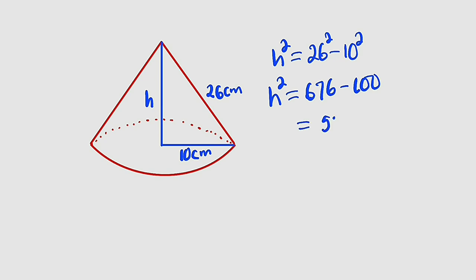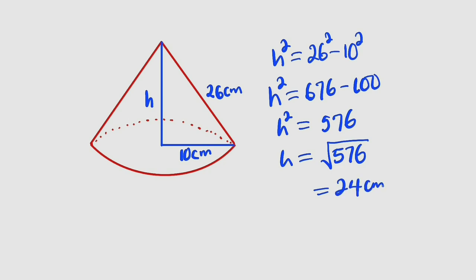This is 576. And finally, we take the square root of both sides. The square root of 576 is 24, and therefore, the height of this cone is 24 cm.